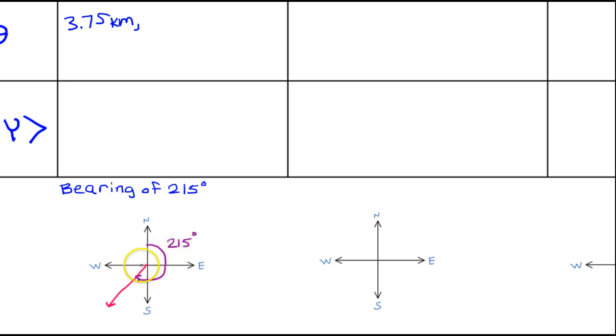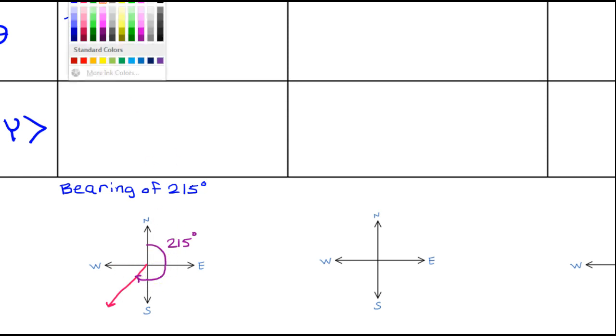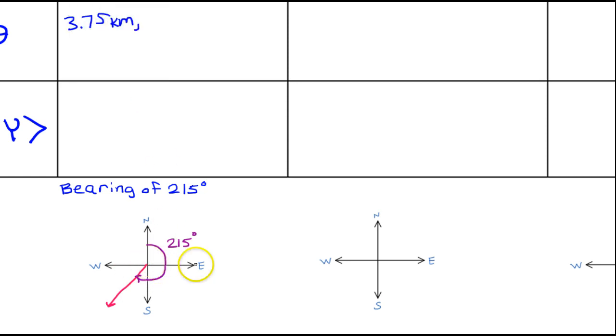Now, we need to convert this to an angle that is measured counterclockwise from the positive x-axis. So if I start at east and measure this way, this is the angle that I need for this chart. So the question is, how many degrees is that? How do I calculate that?